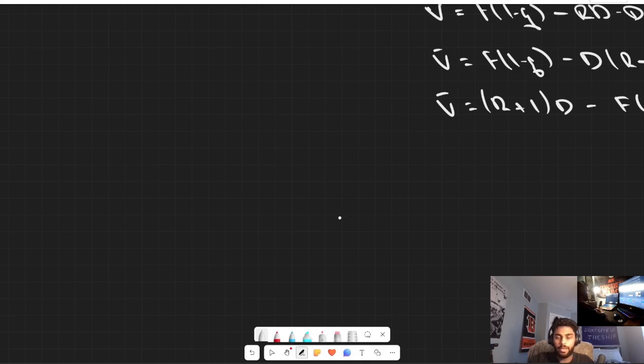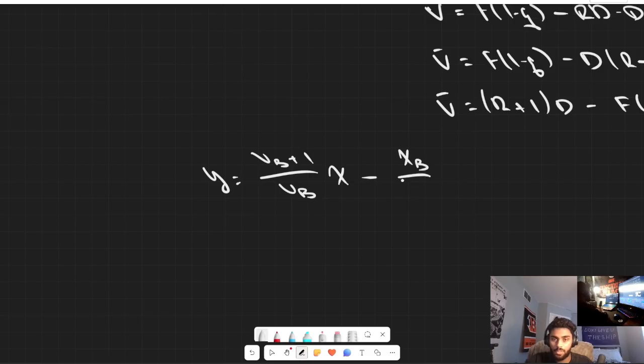Well, that can be easily calculated using the equation that we had previously derived for the stripping operating line, which is that Y is equal to VB plus 1 over VB times our liquid composition minus our composition of the bottoms over VB. So in this case scenario, our vapor mole fraction is equal to 1.